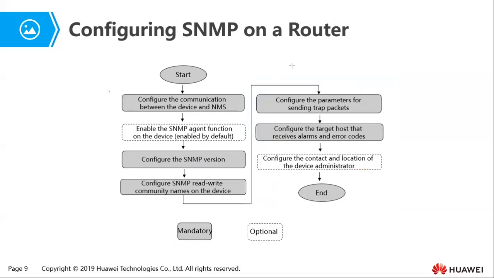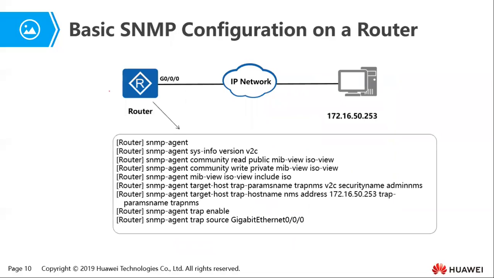So let's look at an example of how that can be done. You need to configure the IP addresses so that your NMS can ping your managed device. Then on your device, you can enable the SNMP process by using that command, but it is enabled by default.